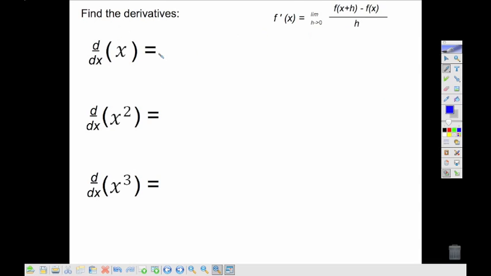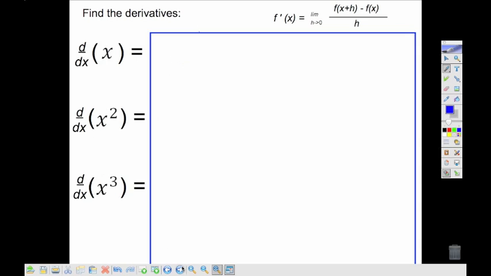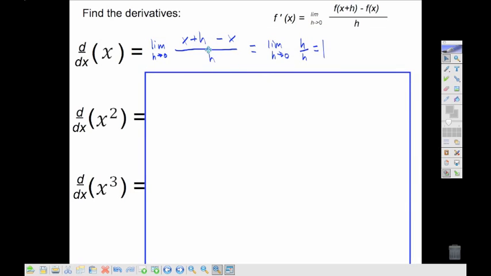Now, if we want to find the derivatives of some of these monomials here, where we have just powers, we can also look at these using our definition of derivative. Now, we've done most of these, so I'll go through them very quickly, but if we plug in x plus h minus x, we remember that the x cancels out pretty much immediately, leaving us with h over h, which cancels out to 1.